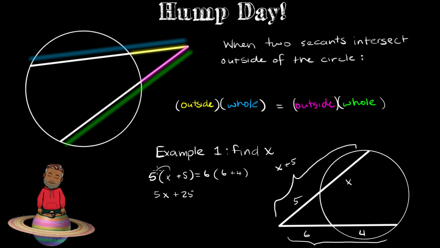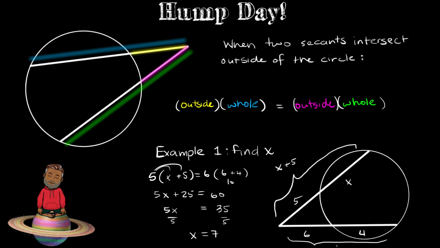It's just the distributive property over here, equals, and then this is 10, so 6 times 10 is 60. And now we're going to want to solve this equation by taking the 25 away from both sides. This gives us 5x equals 35. And then we divide both sides by 5, and the result is that x is equal to 7.